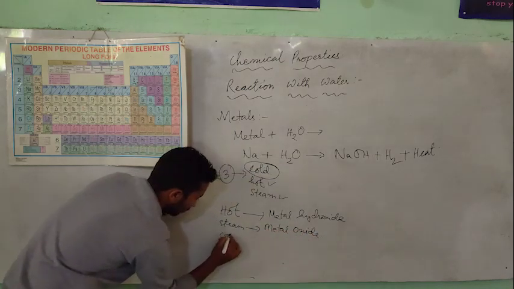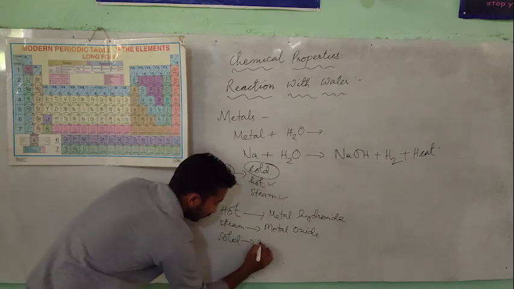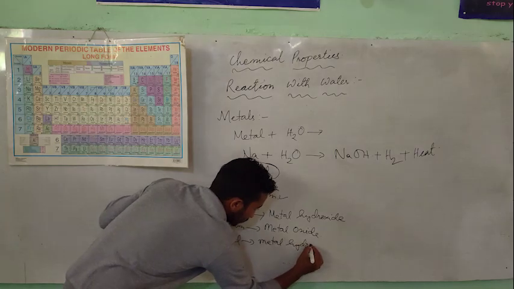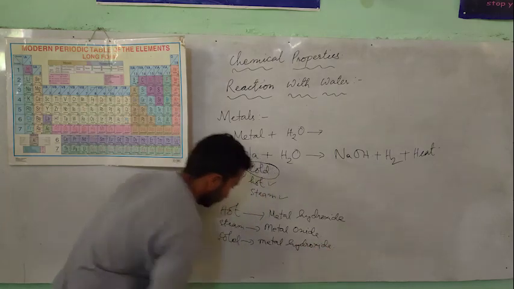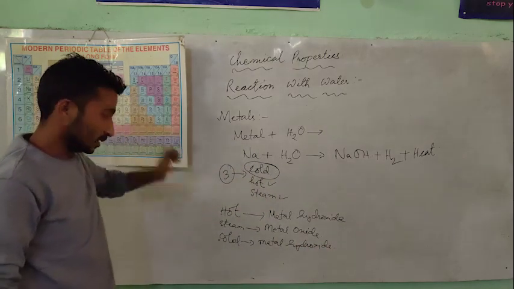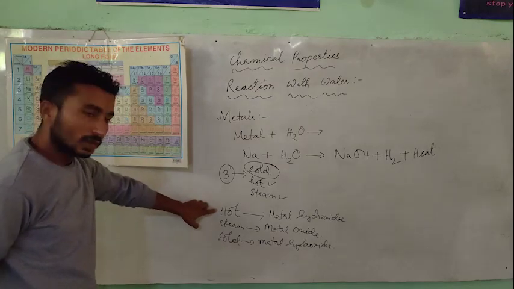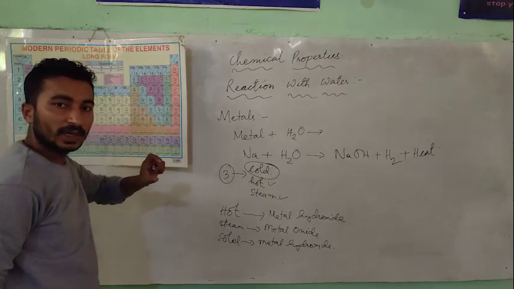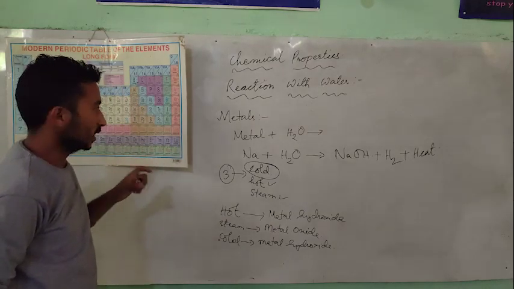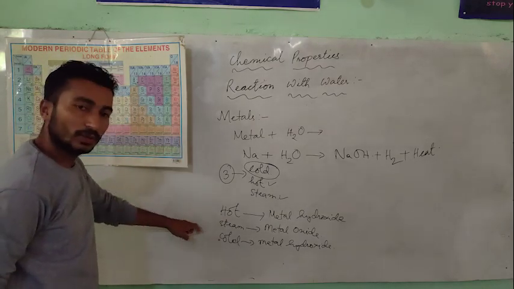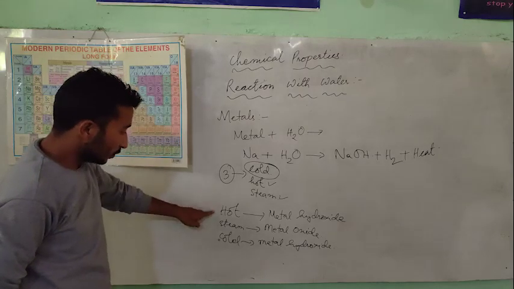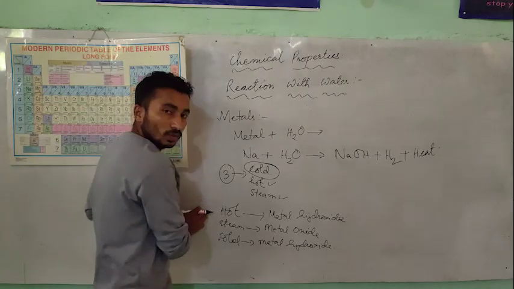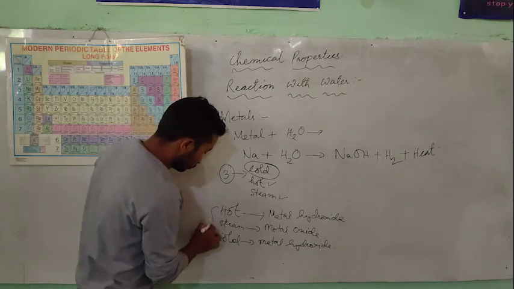Even if they react with cold water, they form metal hydroxide. But the most important thing here is that when they react with hot water, steam or cold water, the metal should be hot, because the metal will not react with any of these three when it is cold. So metals also should be hot.